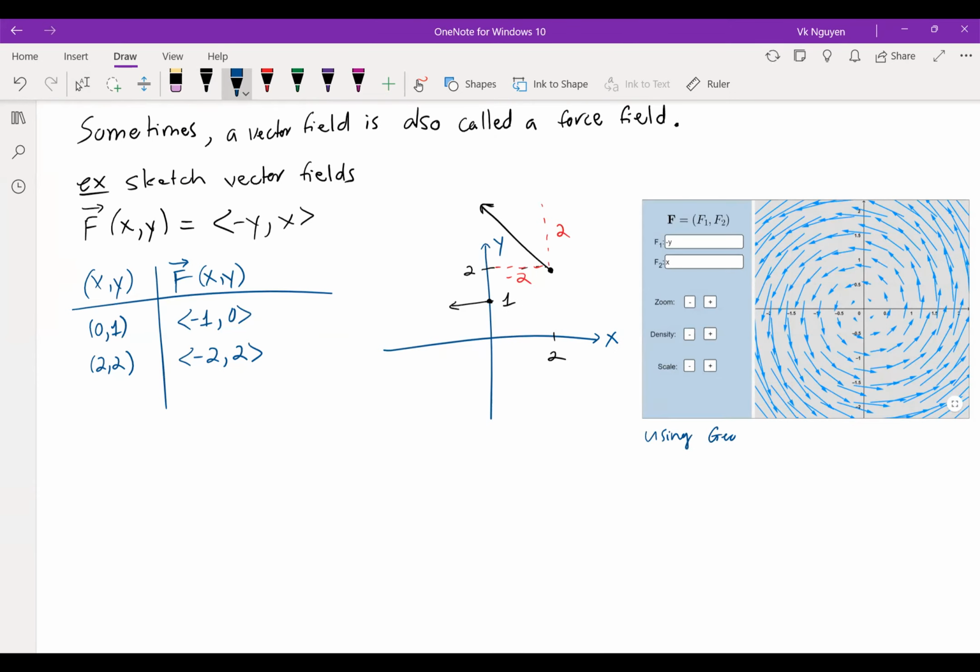Using GeoGebra, we see that the vector field is a rotational field or a rotational flow.